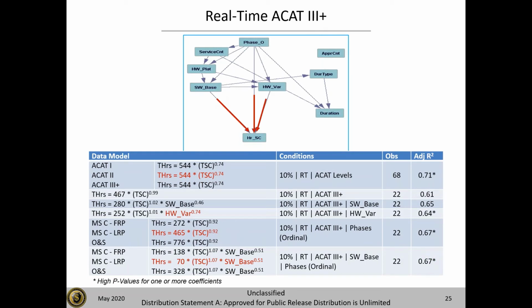ACAT-3 and below, there were 3 factors: the hardware variance, the phase, and then in this one, the software size in lines of code, the baseline size, had an impact. And the R-squared's not quite as good here. 0.71 is as high as we got on this one.